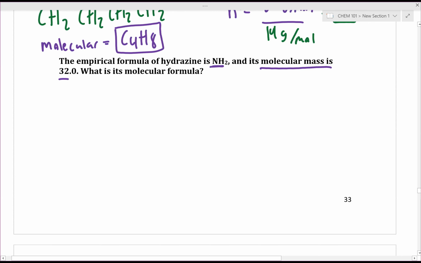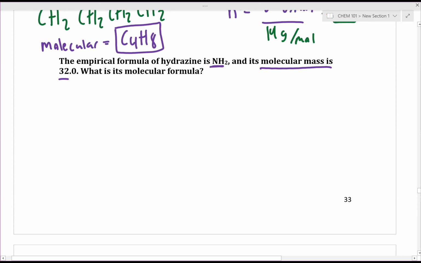Yeah, and remember it's NH2. Yep, exactly right. Yep, that looks good. And then you just add your atoms together. Yep, looks perfect.